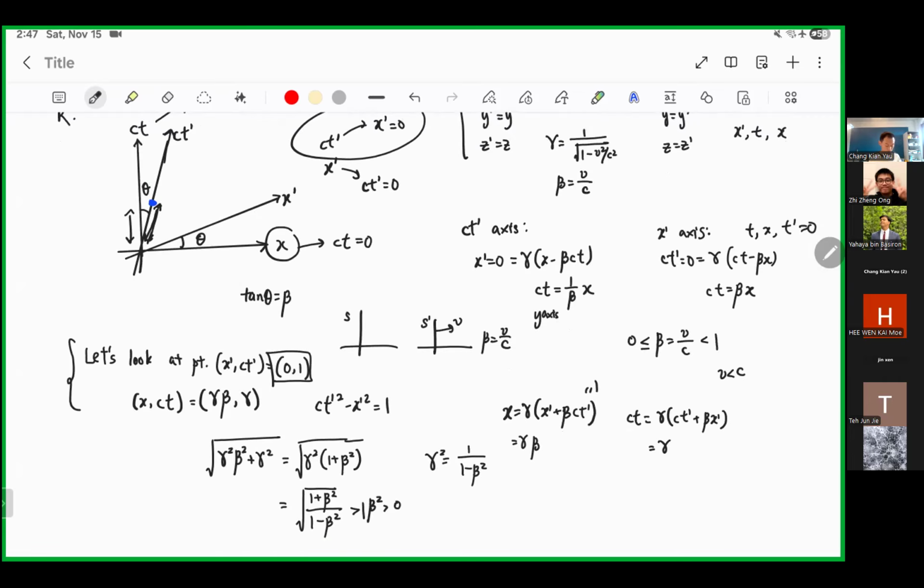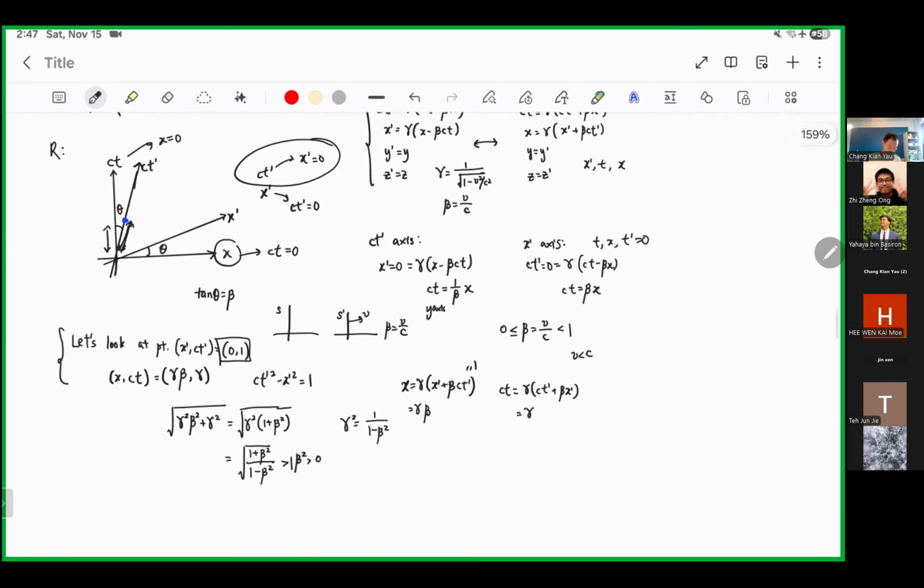It's not like 1 unit here is 1 unit here. 1 unit here is basically this many units here in the original rest frame.